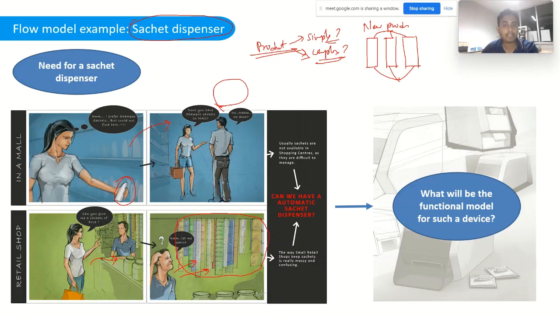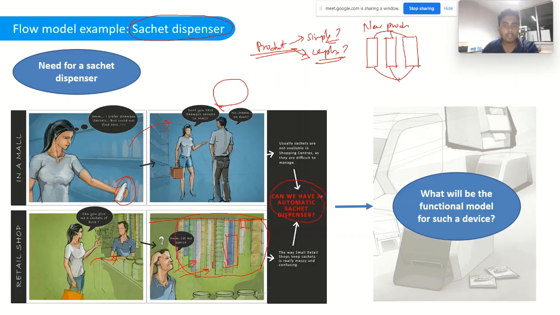You have different brands, and it is also very difficult to cut a particular number of sachets from a long sachet strip. And whenever the sachets come to an end, you have very few sachets left, and it is not possible to hang them in a string. So keeping that in mind, what we proposed was an automatic sachet dispenser.